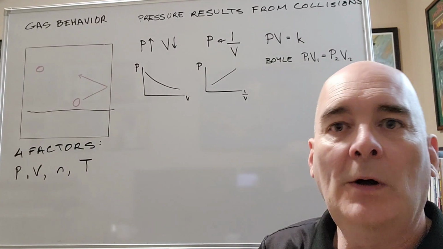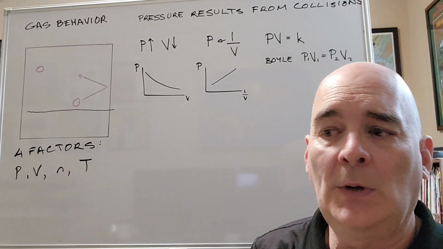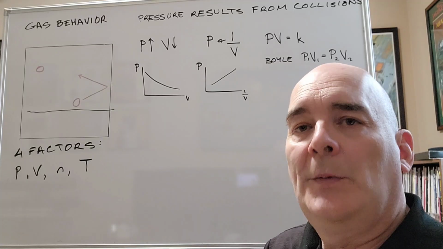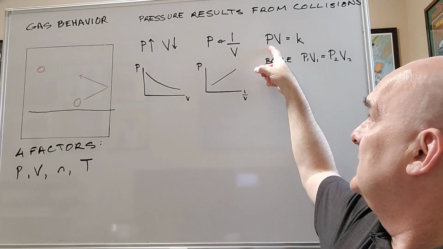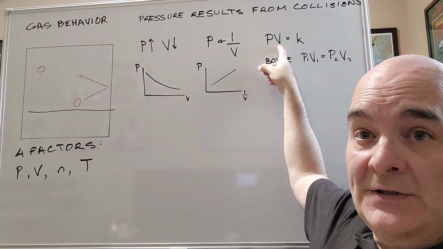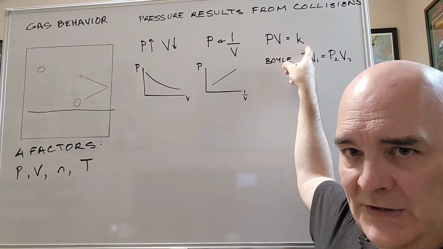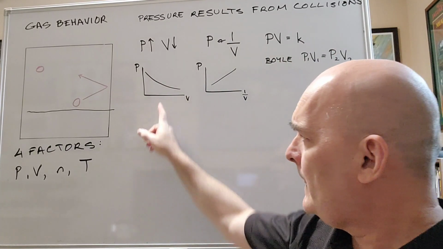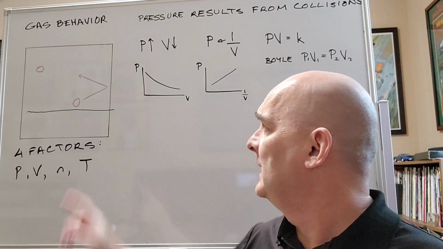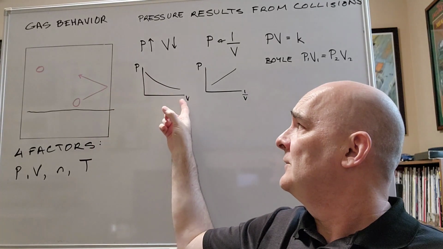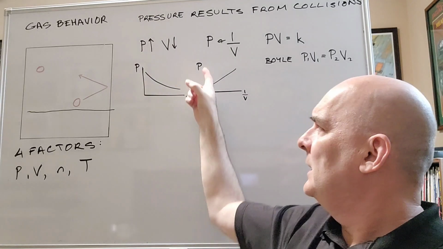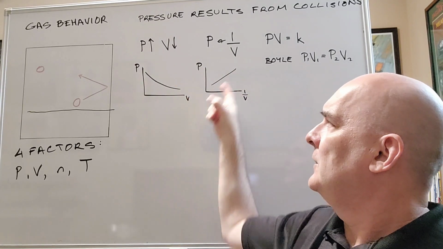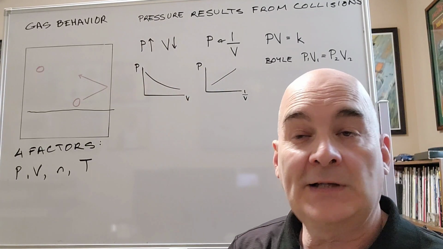This gives us P1 V1 equals P2 V2, which is our most common way of expressing Boyle's law. But what Boyle's law really says is that this product is a constant value. And we did this in Chemistry 1 in lab, that we plotted pressure versus volume, and we found that was a curve, but if we inverted the volume, then we found out that's actually a straight line.